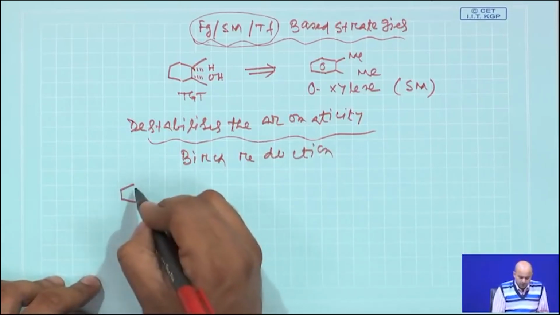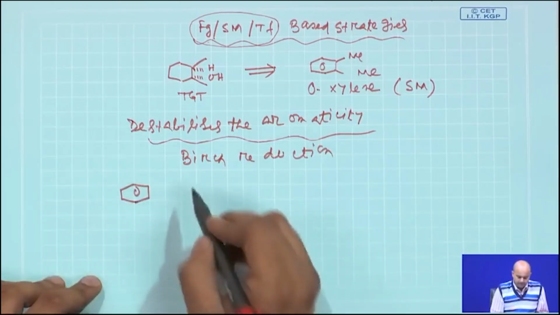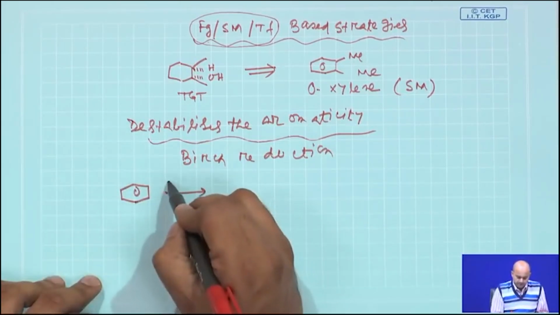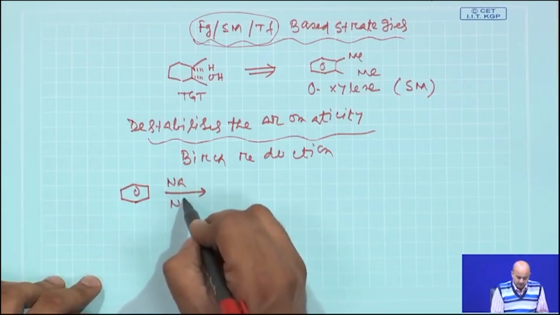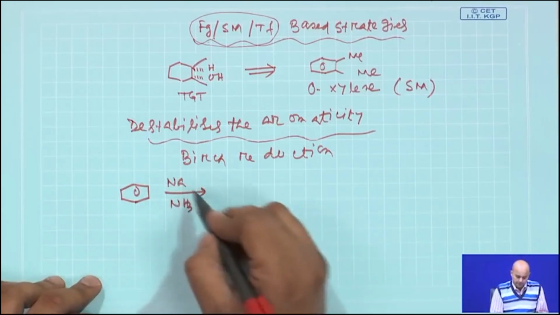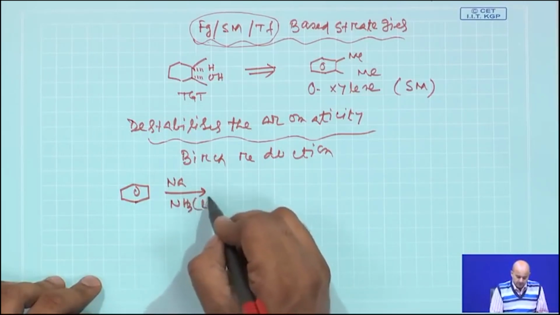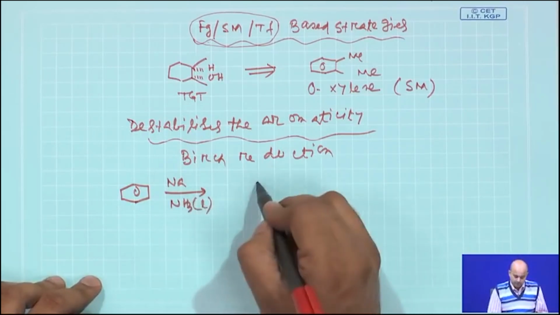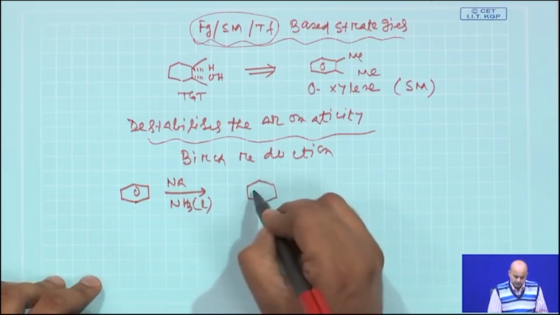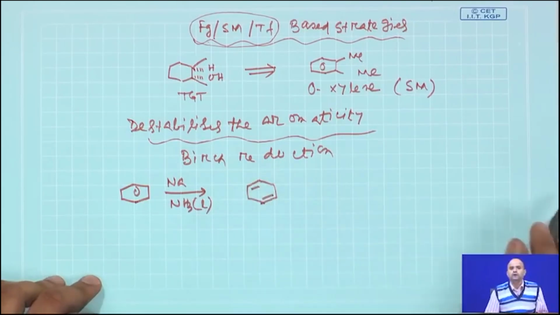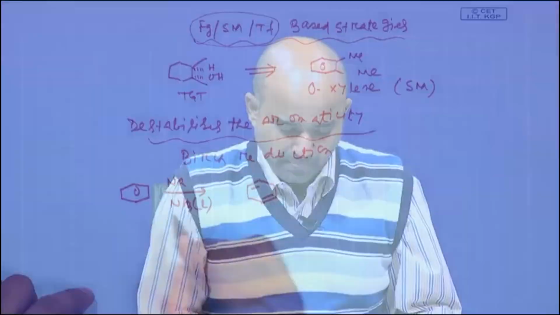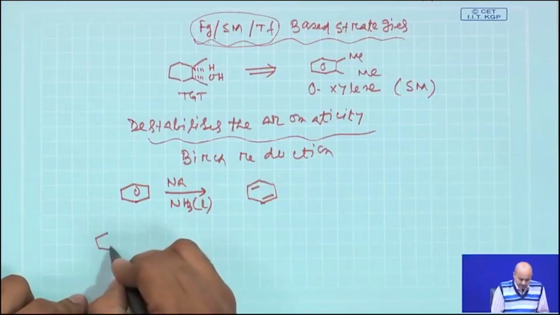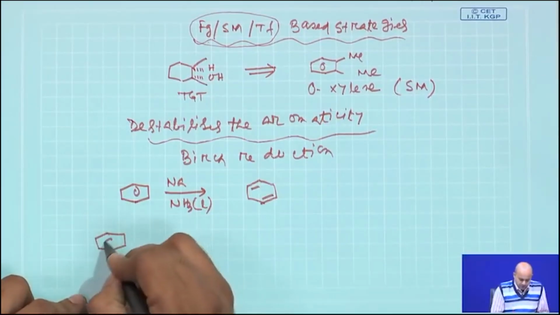Birch reduction we have explained earlier; it is a radical mediated, or single electron mediated, reduction. When you have sodium metal or lithium metal dissolved in liquid ammonia, you get this kind of aromatic to non-aromatic hydrocarbon.